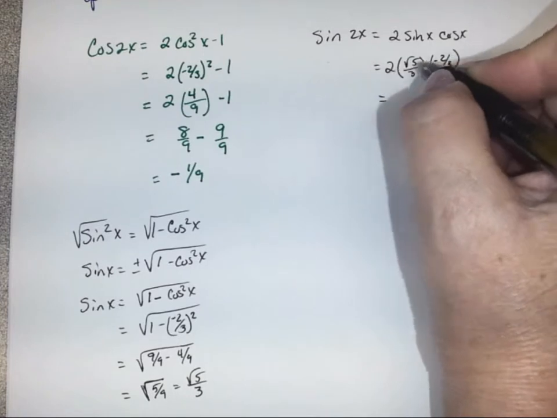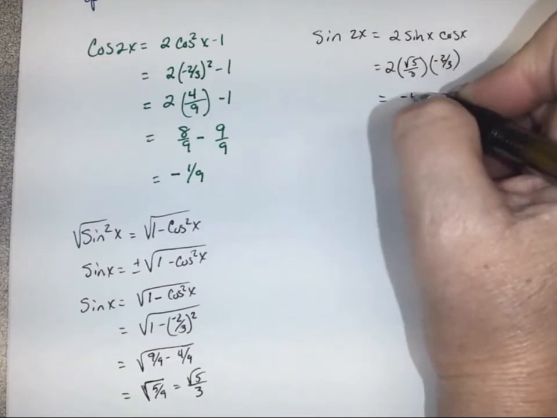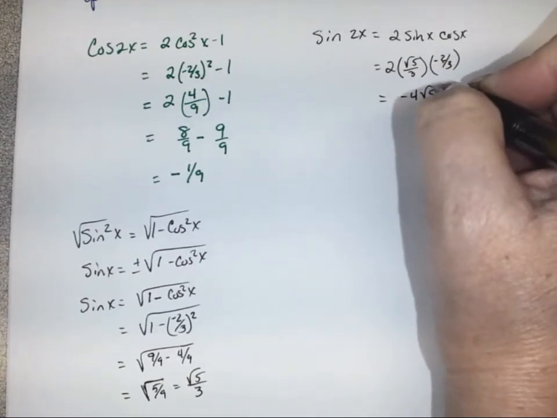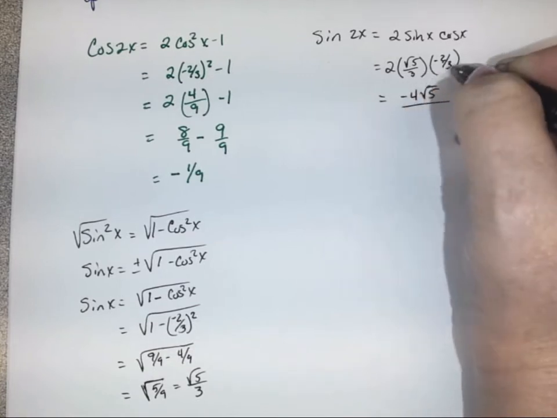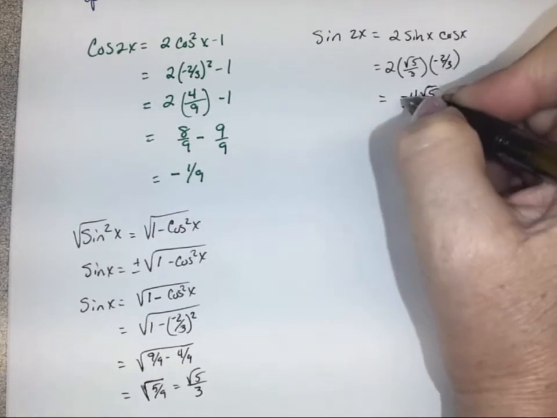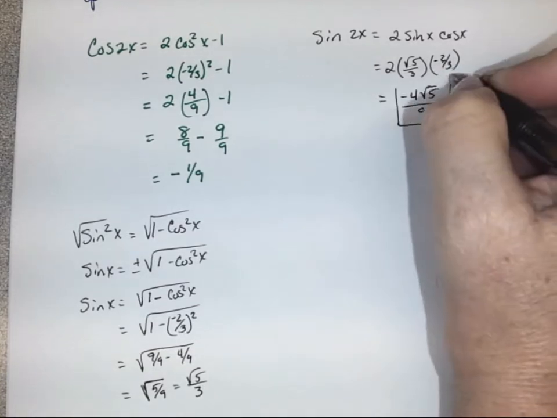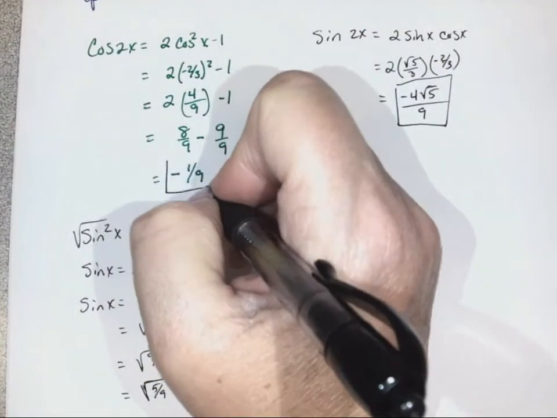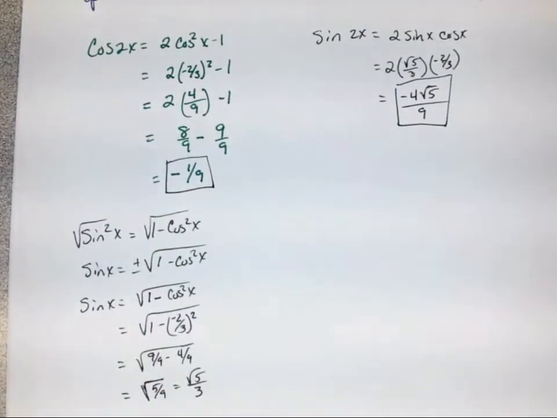So 2 times negative 2 will get us negative 4 times the square root of 5, and 3 times 3 will get us 9. So this is the value of sine of 2x, and the cosine of 2x we found already.